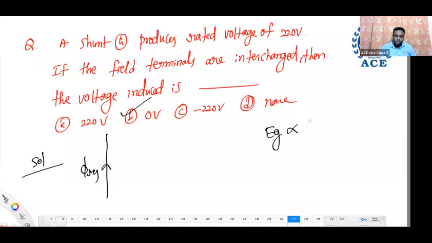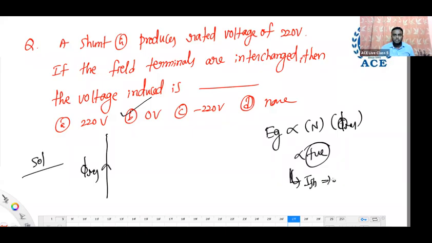The EMF depends on the direction of rotation and the residual flux. These two are not mentioned, so they remain the same, positive only, no change. The field current should actually flow in the same direction, but ISH will reverse. Why does ISH reverse? Because the field terminals are reversed here. Then what is the flux phi1?